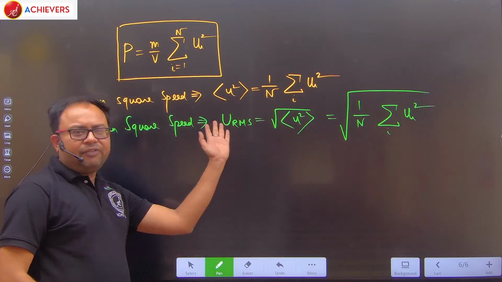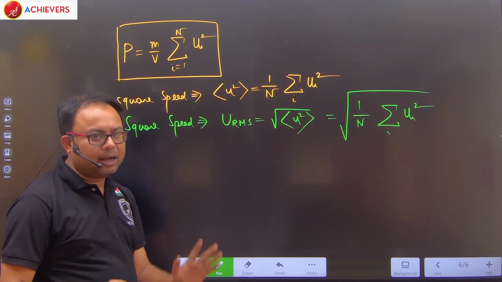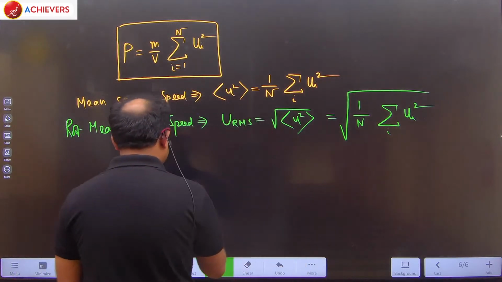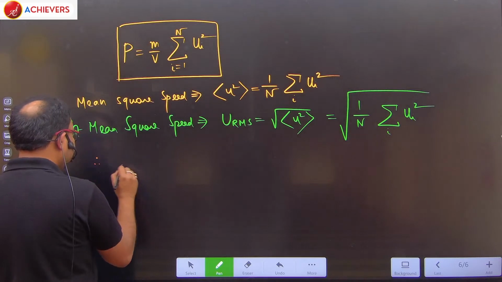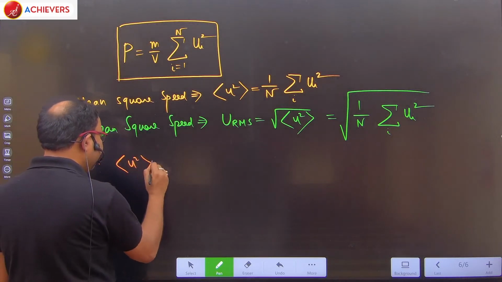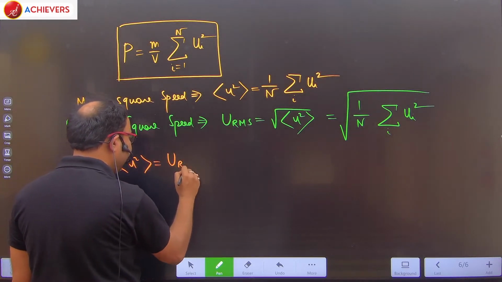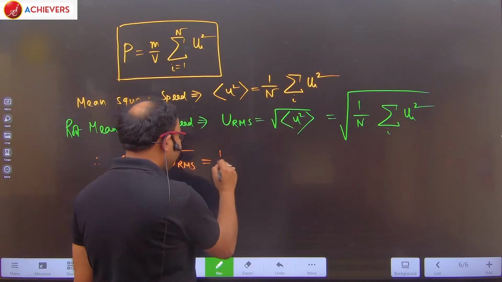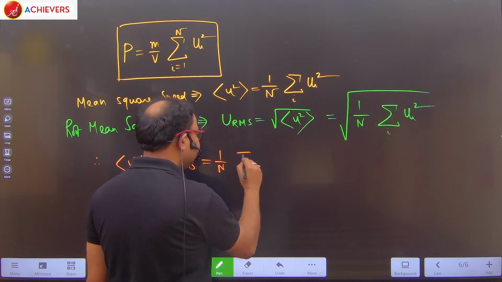We'll write things in terms of URMS, that is the convention. Therefore, u square average is nothing but URMS square. You just square both sides.